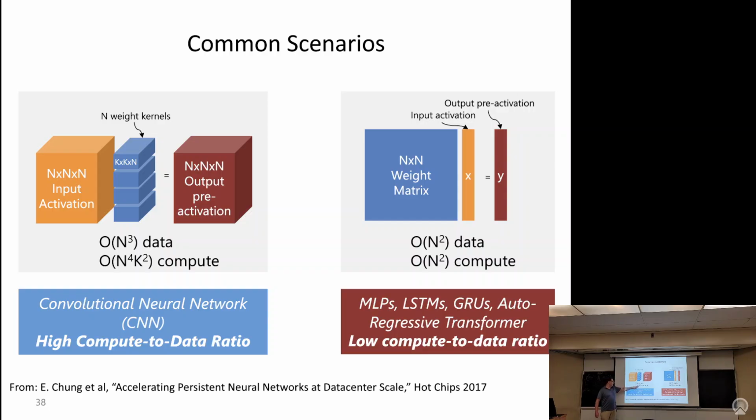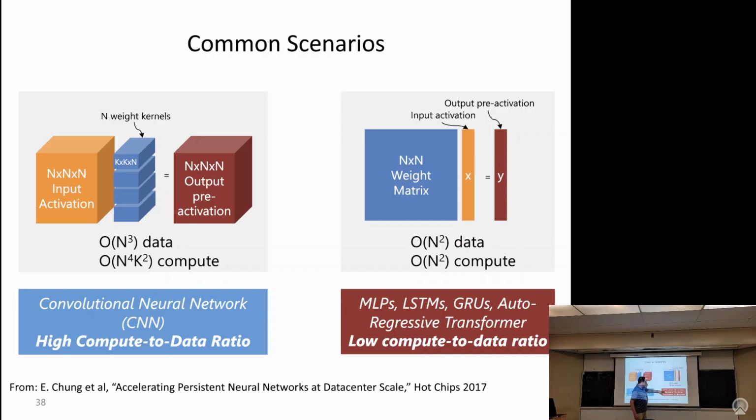In this example, n is the dimension of my activations, and k is the dimension of my filter, how big my convolution is. This is n to the fourth k squared, which is a lot more compute than the amount of data I had to bring in. So I generally am not memory bandwidth limited for CNNs. I have more compute than memory traffic.